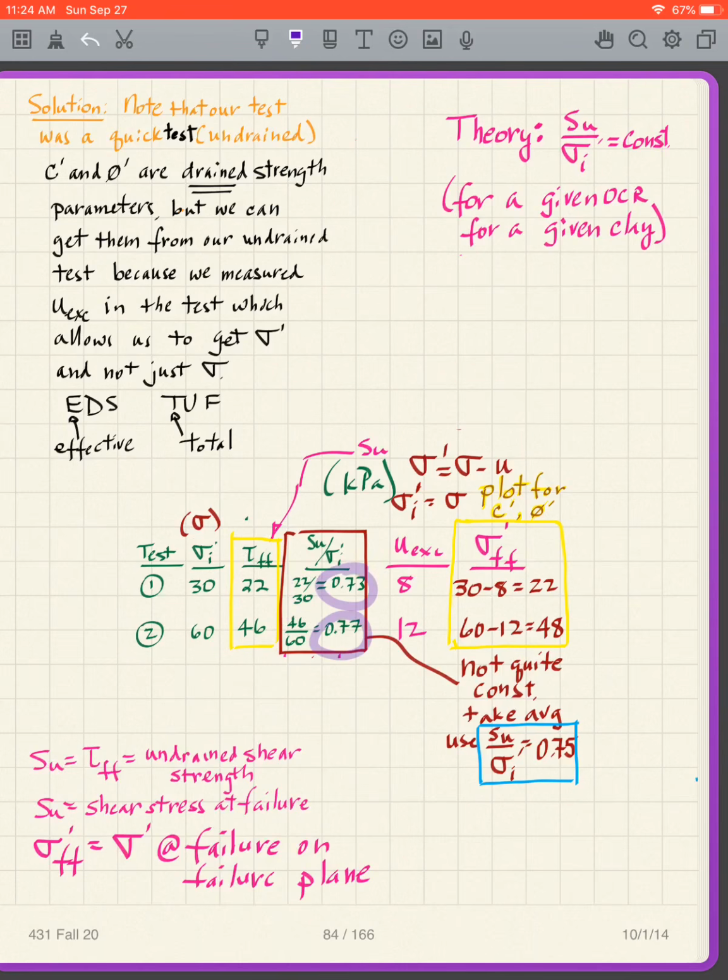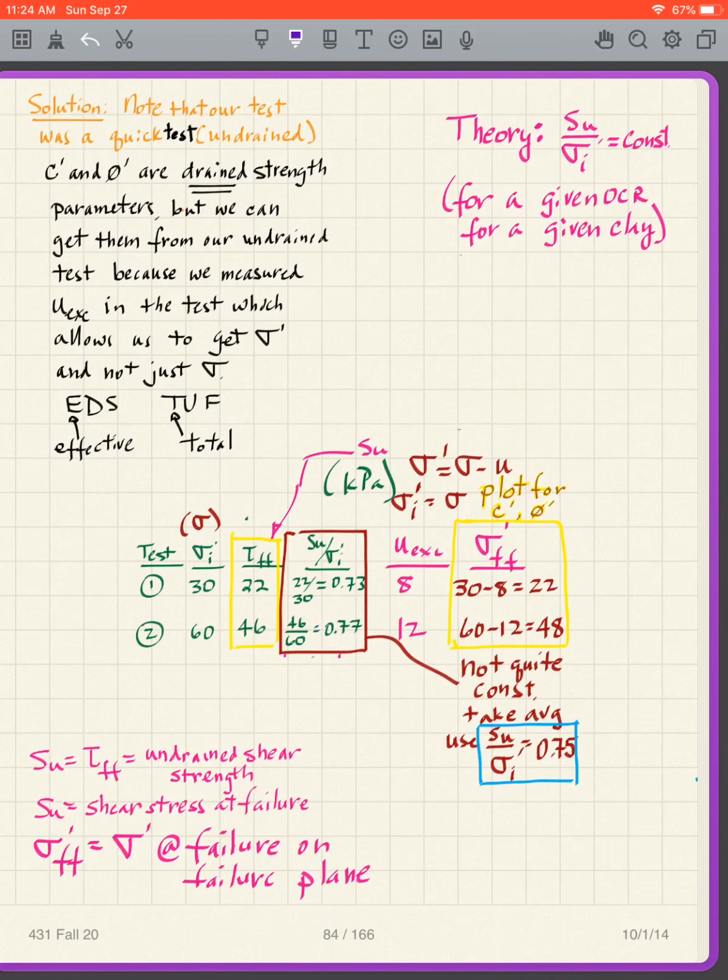Okay, that's close. It's not exact. In theory, they should be the same, but in reality, they're never exactly the same. So we can simply take these two values and come up with an average, and we get about 0.75. So good enough.